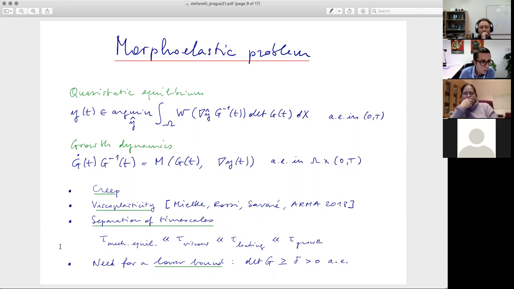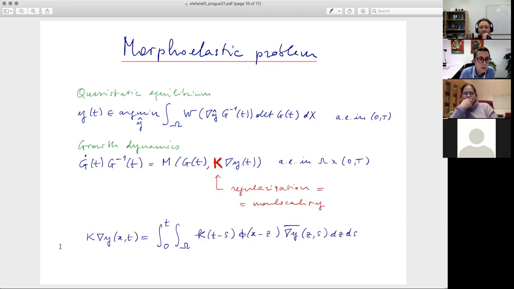The only way we had to do this was by introducing a regularization, which you now see in red, very big. So in the equation for the growth dynamics, we're not just taking the gradient of y, which is not compact in time, but we are regularizing it by a non-local operator in space and time.